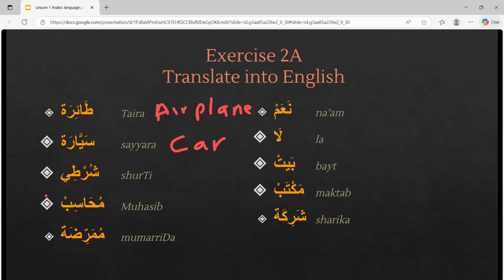All right. شرطي. What do you think شرطي means based on the vocabulary we learned today? شرطي will be a policeman. محاسب. What does محاسب mean? Engineer.